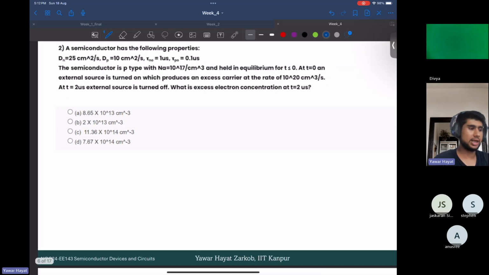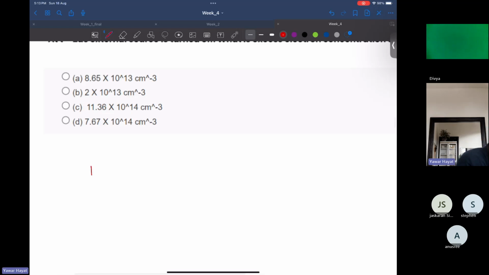So since it is a p-type, minority carriers, would they be electrons or holes? It would be electrons, right? So how will your continuity equation look? Your continuity equation would look following, since it's p-type with minority carriers as electrons.